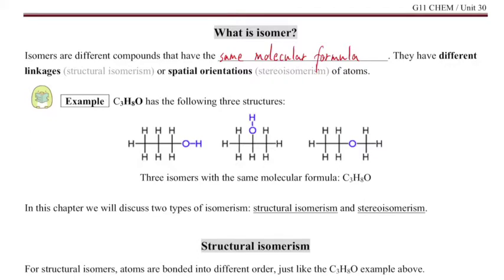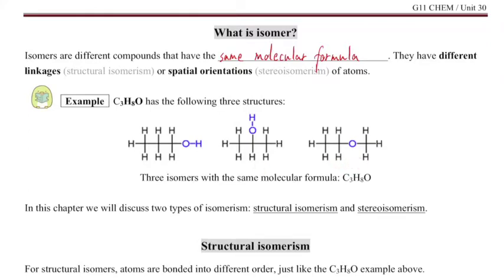If we have a molecule with C3H8O as a molecular formula, there are three possible structures we can draw for this molecule. Here it draws the three possible structures for this molecular formula. So we call them isomers.